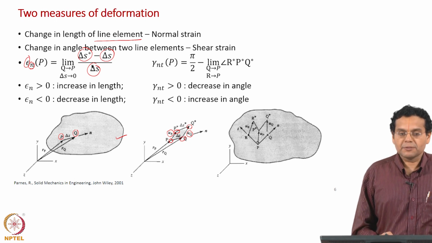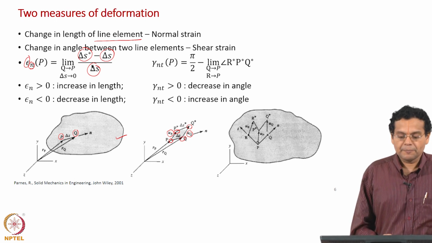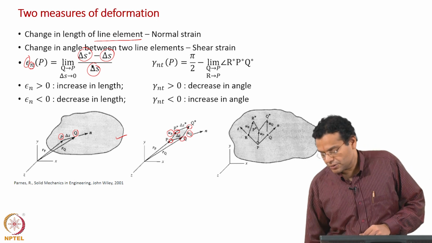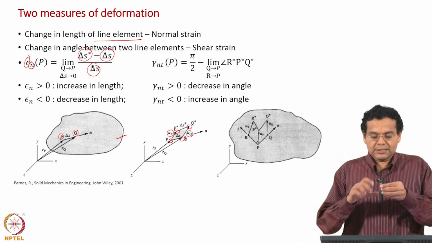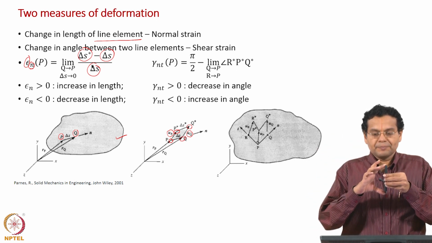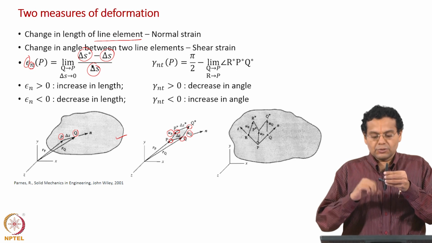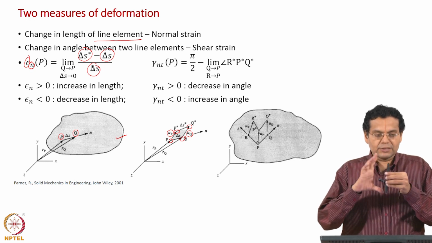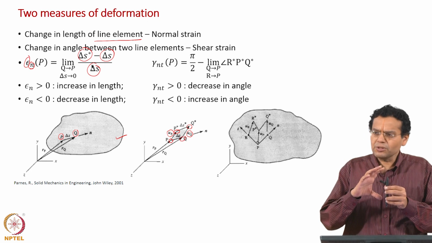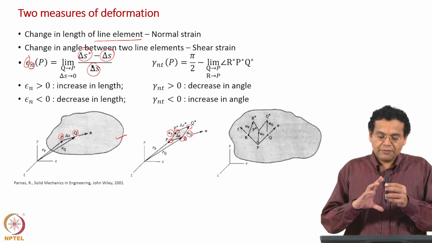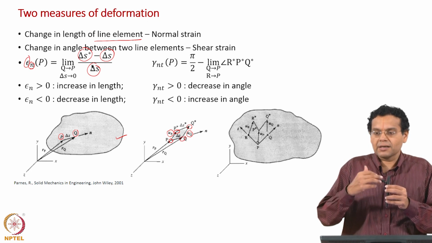Now, what is the difference between what you already know and this definition? What you usually know is that you took the original length and the final length, took the difference and divided by the original length. This gives you normal strain averaged over the entire length of the rod or thread.